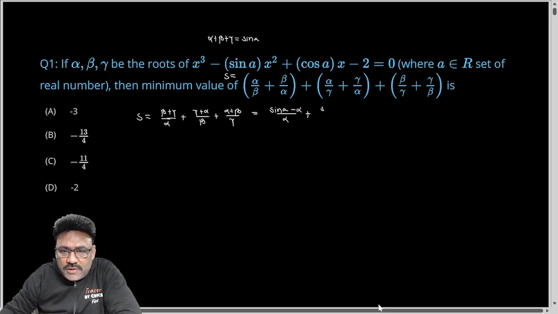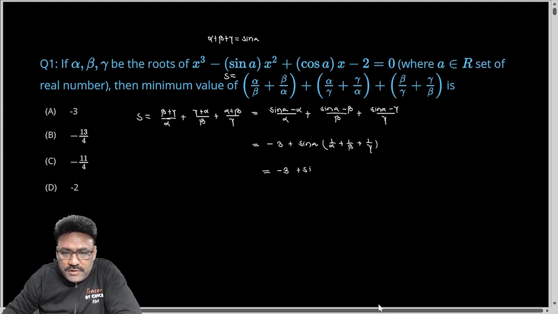Similarly, gamma plus alpha can be written as sine A minus beta over beta, and alpha plus beta can be written as sine A minus gamma over gamma. So finally it comes out to be minus 3 plus sine A times 1 over alpha plus 1 over beta plus 1 over gamma.